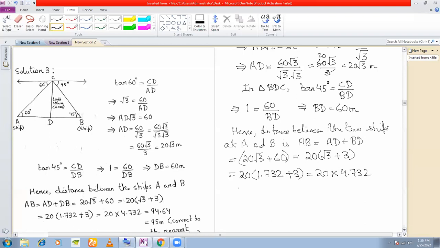And when you multiply these two, you are going to get 94.64 meters. But they have asked you the answer to the nearest meter. So the nearest meter means 94.64 is greater than 94.5, isn't it? Right? So therefore, your answer will be 96 meters. Correct to the nearest whole number.